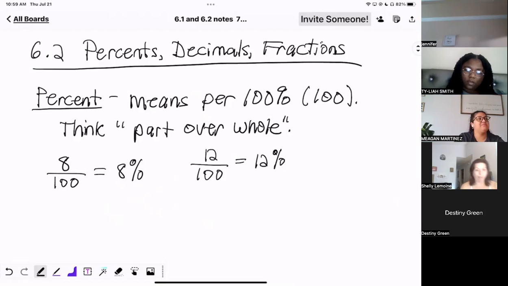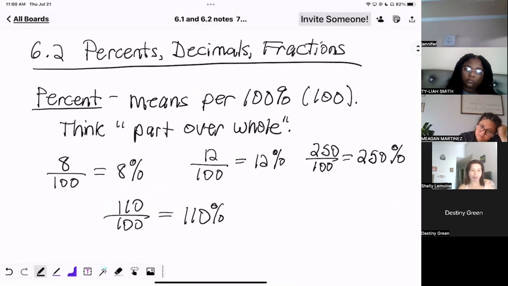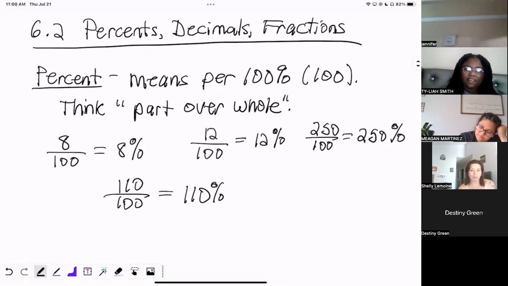And if I have something weird like 250 over 100, I really have 250%. Ever hear people say, I'm gonna give 110% this class? That would be 110 over 100, and that's 110%, which is impossible because you can only give 100% of yourself, but it sounds nice.